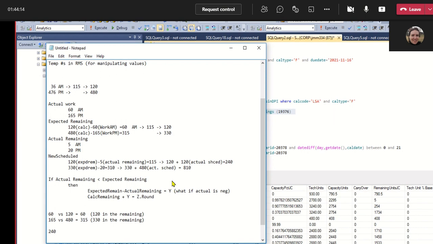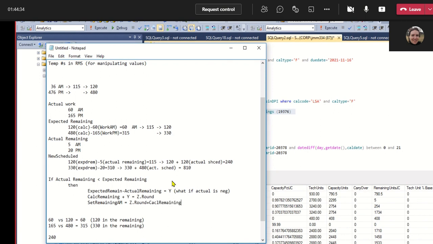Okay. And then we'd want to add, and then set remaining AM equal to z dot round plus calculated remaining. Okay.